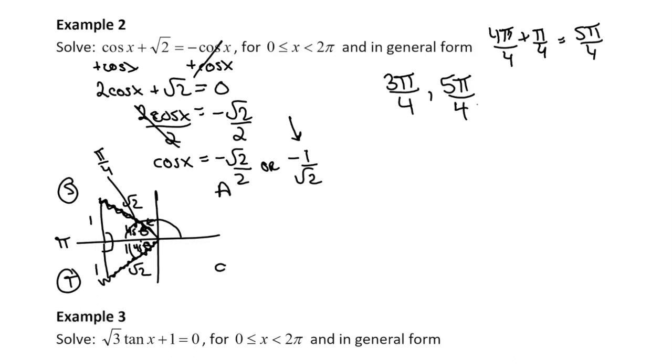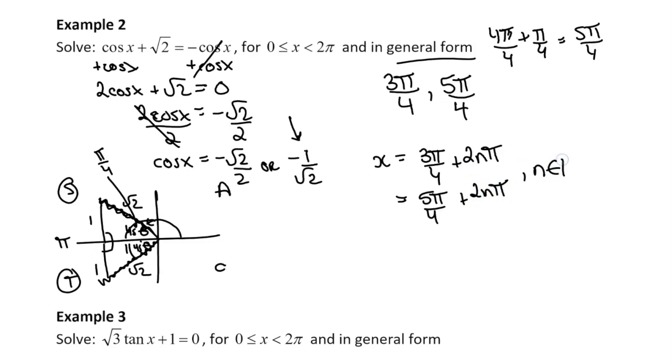Feel free to do that, but it's nice to start to think in radians first and foremost. For our general solution, again, cosine has a period of 2 pi, so we're going to have solutions at 3 pi over 4 plus every 2n pi, and at 5 pi over 4 plus every 2n pi, where n is any integer.